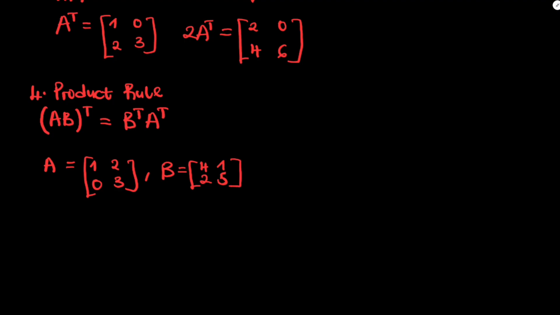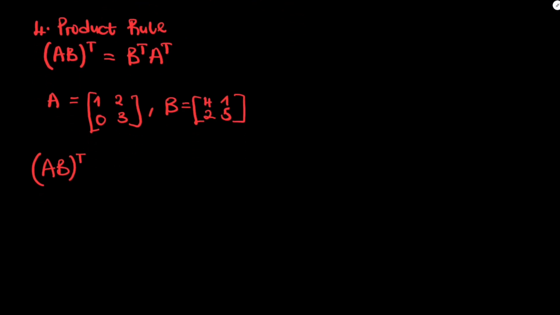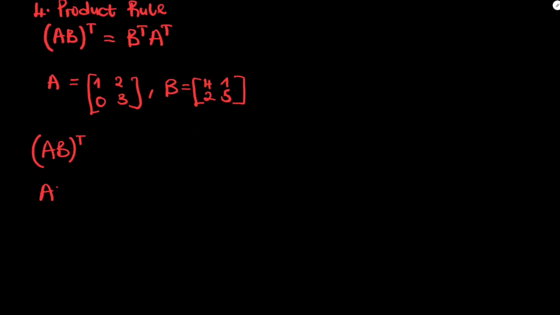So let's take the left hand side, which is this. So let's have AB first. So multiplication, the row multiplies by the columns. So here we have 1 times 4 plus 2 times 2.